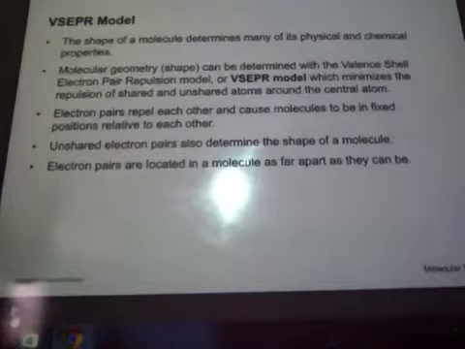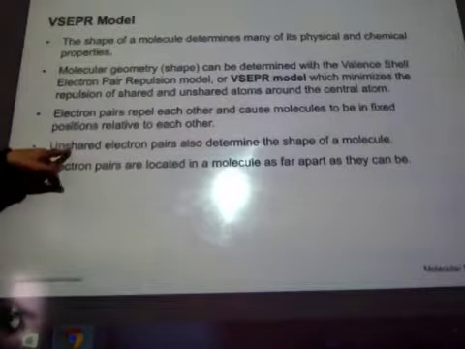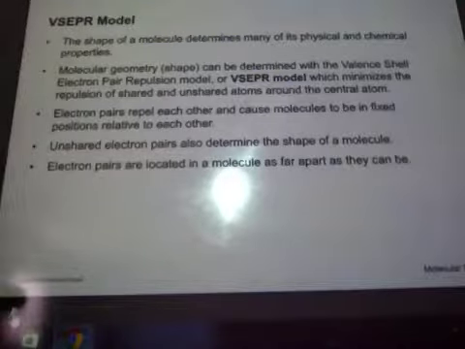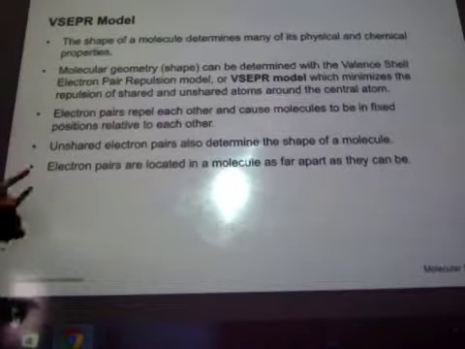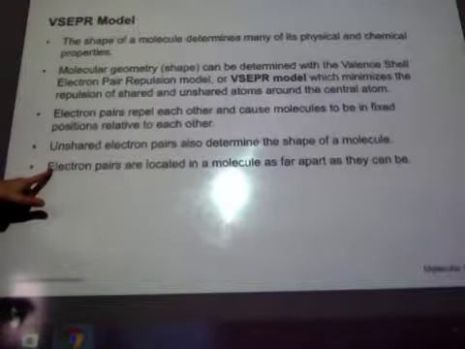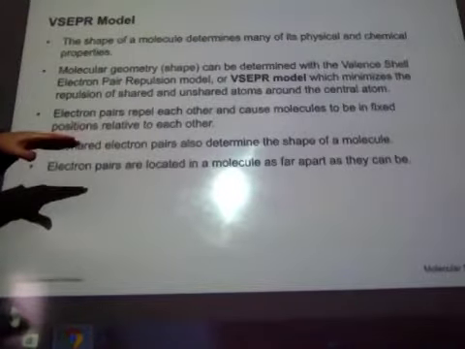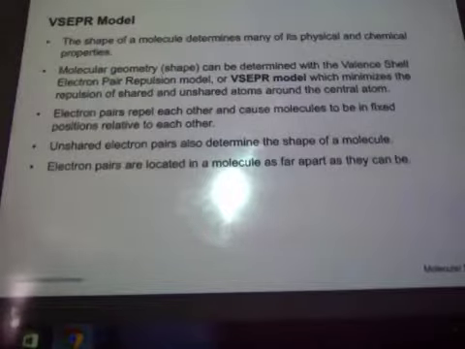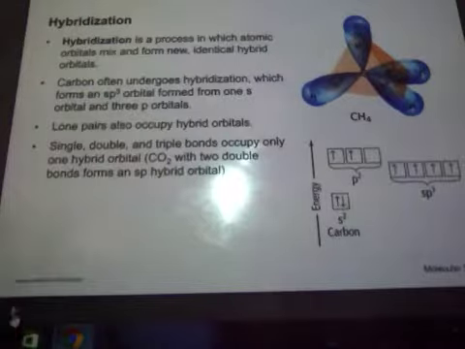The electron groups are going to move out as far away from each other as they can. The unshared electron pairs, or lone pairs, can also help to determine the shape because they might push electrons in a certain direction. And any electrons, whether they're paired up or not, are going to be as far apart as they possibly can. They are going to repel from each other.